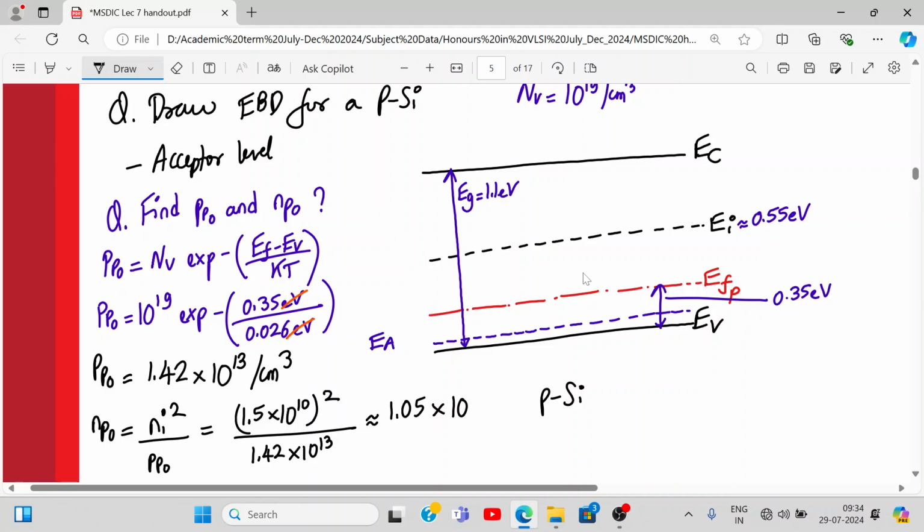It cannot be negative. 1.05 or 1.5? 1.05 into.